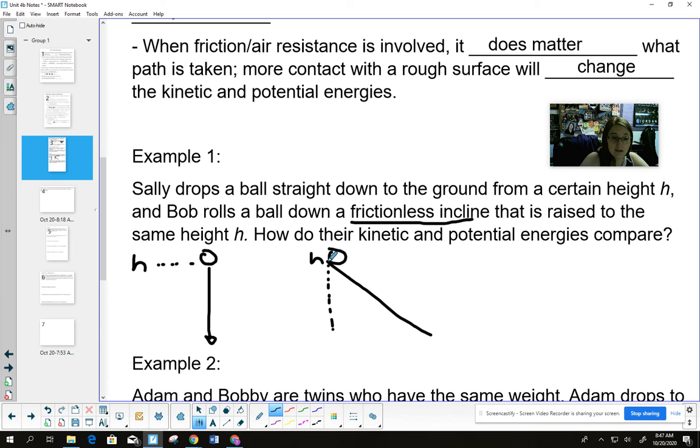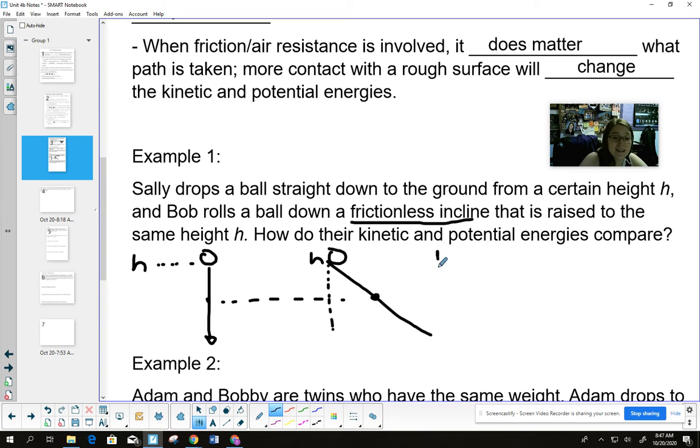Now again, yes, this path is going to be a shorter path than this path. Correct. But at any points along these paths, since this is frictionless, what do we think about their kinetic and potential energies at these points?